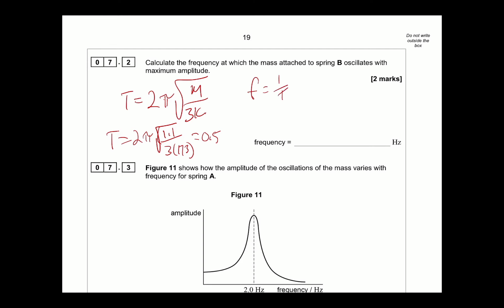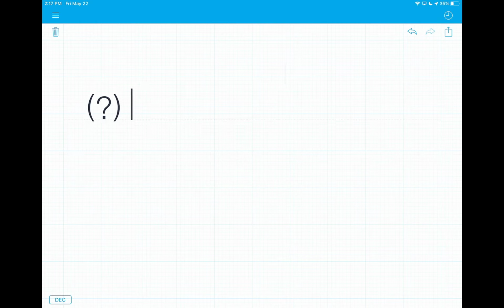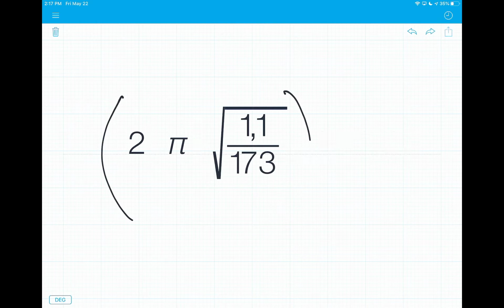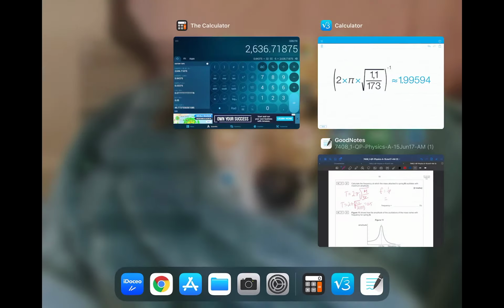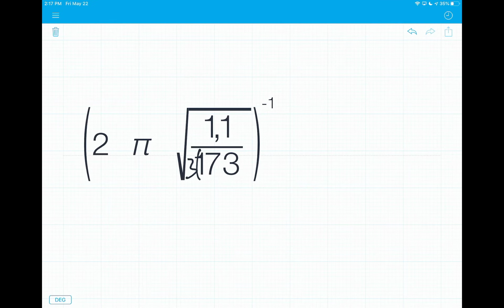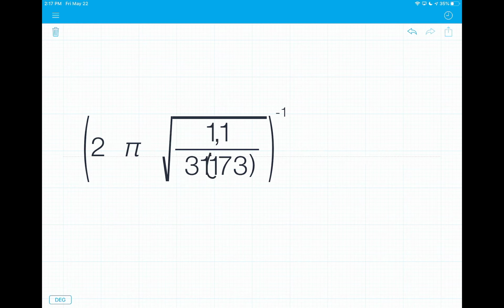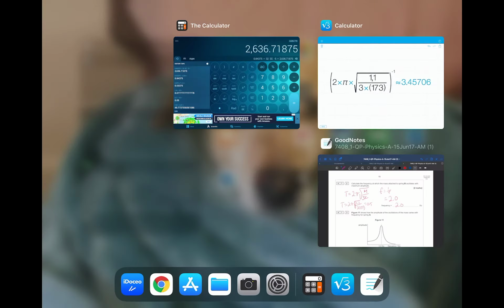So F equals 1 over T. Is 2.0. Three point 3.5.